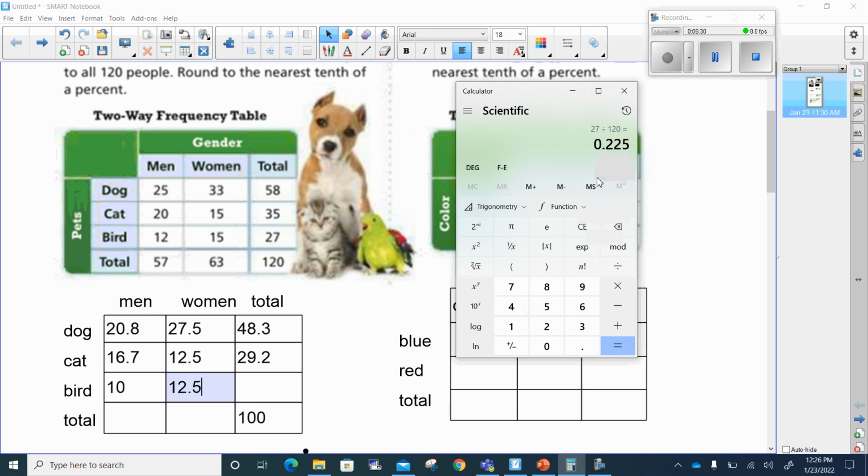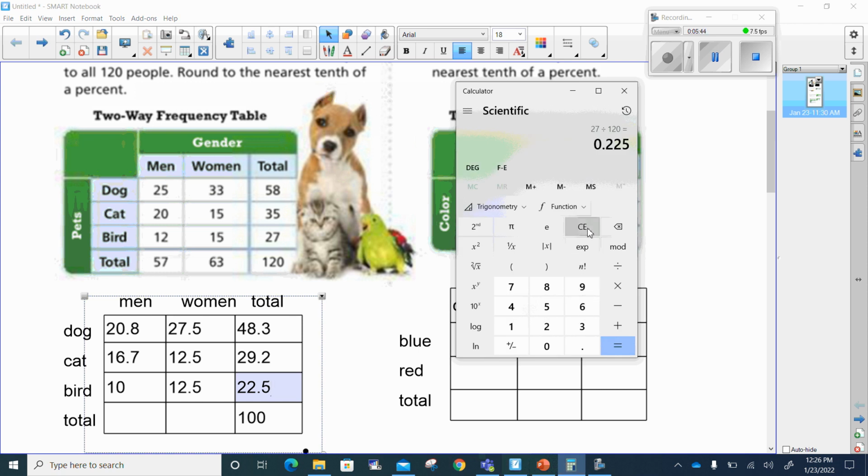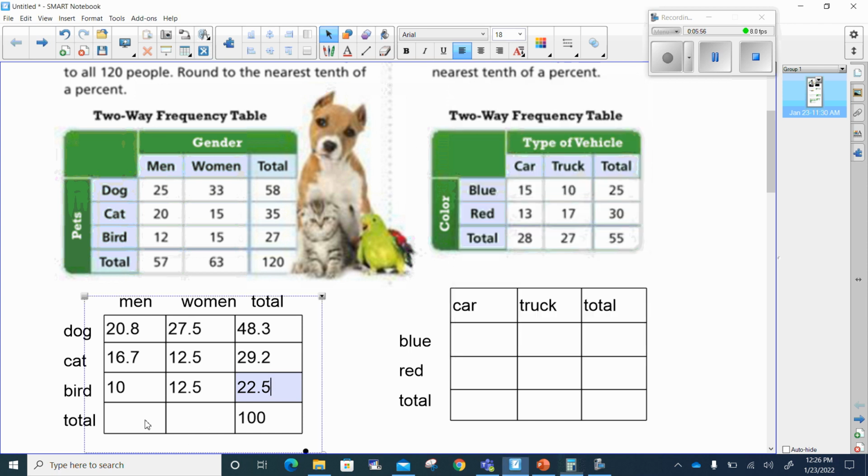That equals 22.5. And that makes sense because 10 plus 12.5 is 22.5. Next, let's go with 57 divided by 120. That'll equal 47.5.